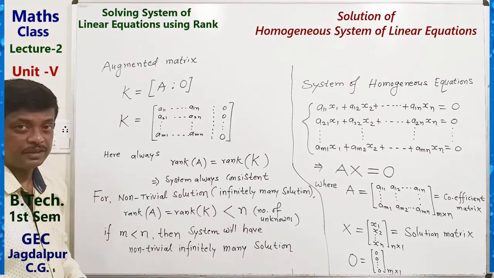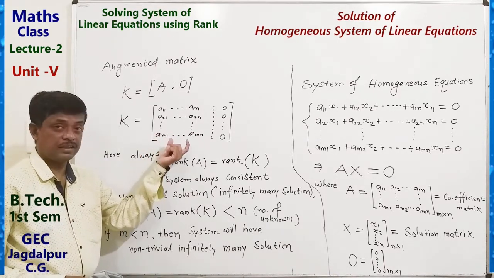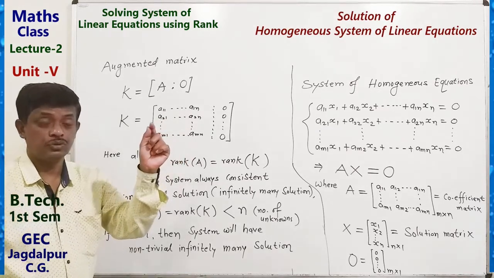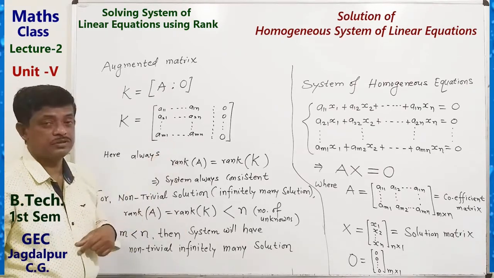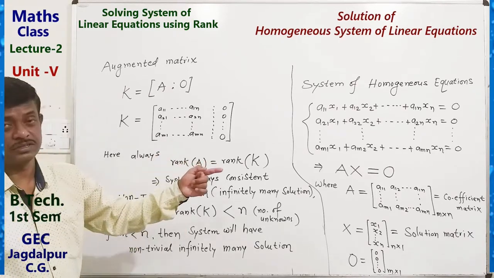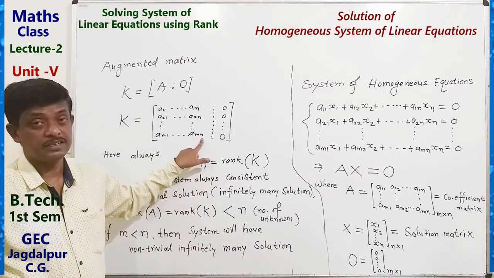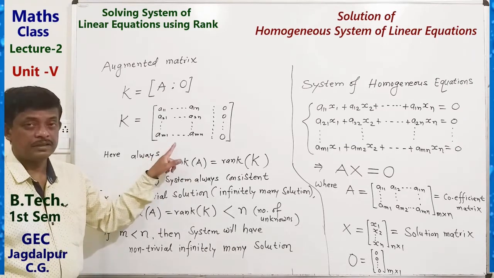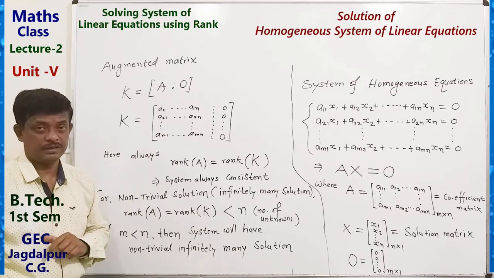Okay. And if the determinant is non-zero, then the rank will equal the number of unknowns. The number of unknowns means n. In that case, only the zero solution we can get.